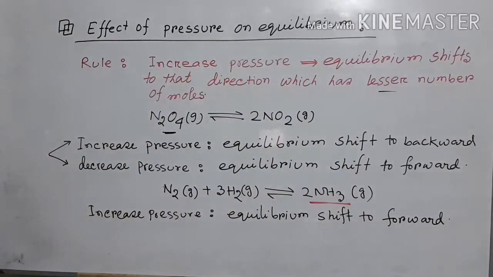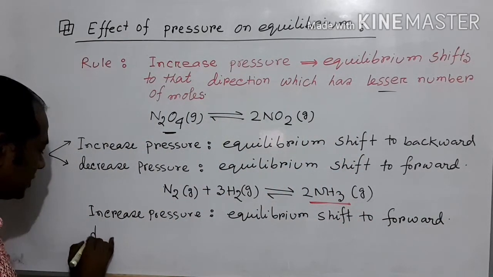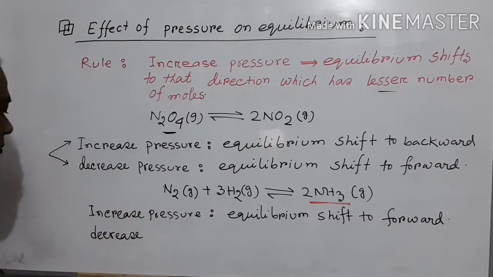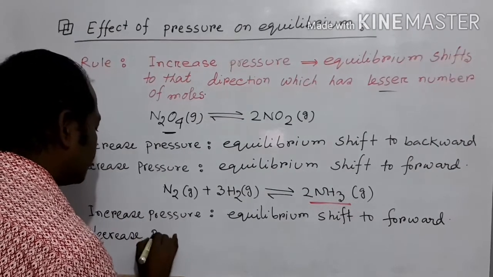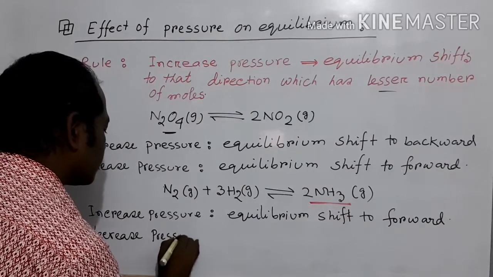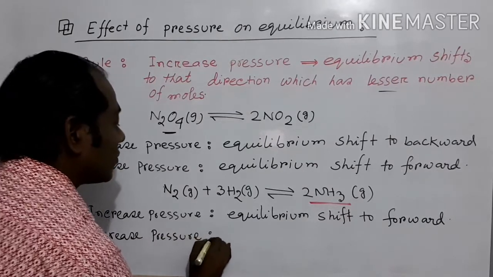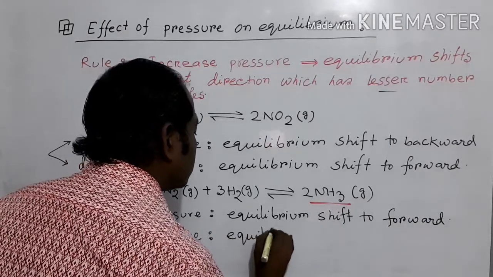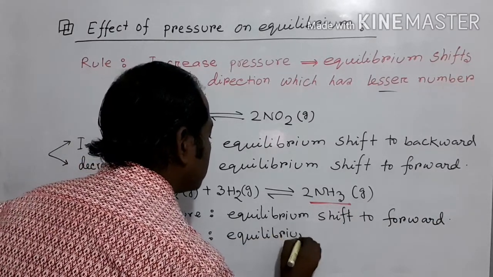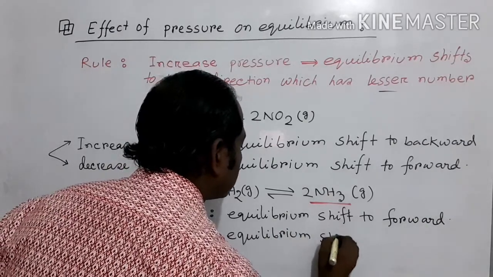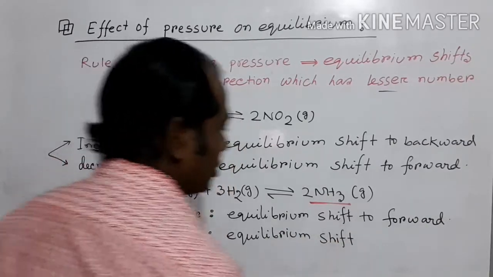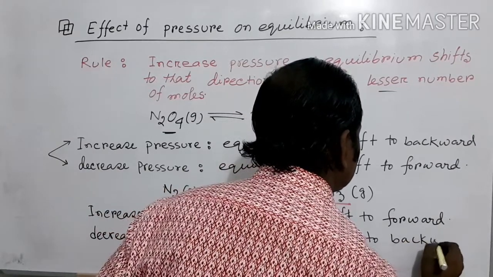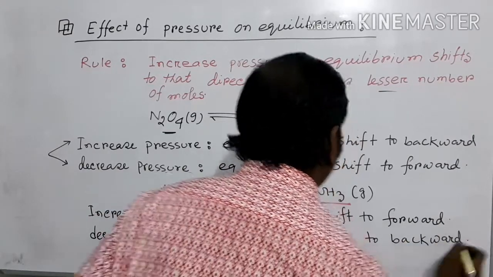Forward. And if we decrease pressure, equilibrium shifts to backward.